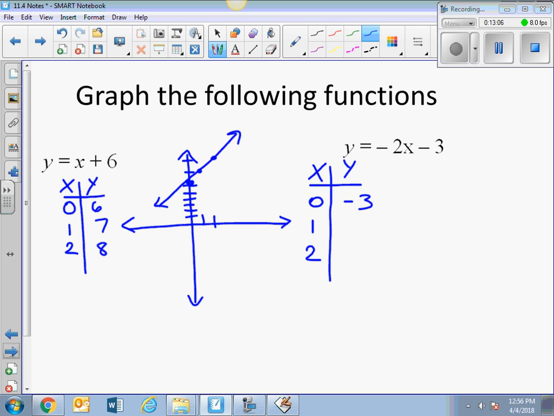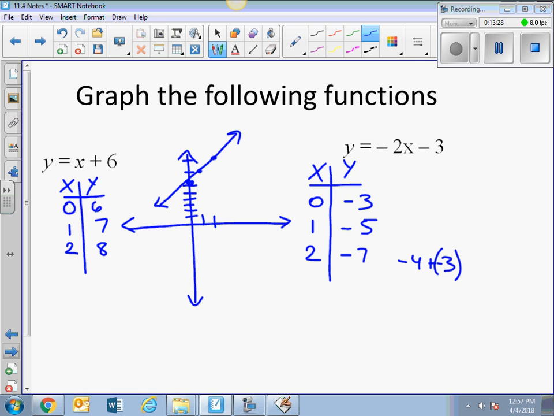Minus 3, negative, negative, you add them. So therefore, this would be negative 5. 2 times negative 2 is negative 4 minus 3. So again, we have a negative and a negative because subtraction means add the opposite. So we have negative 7.